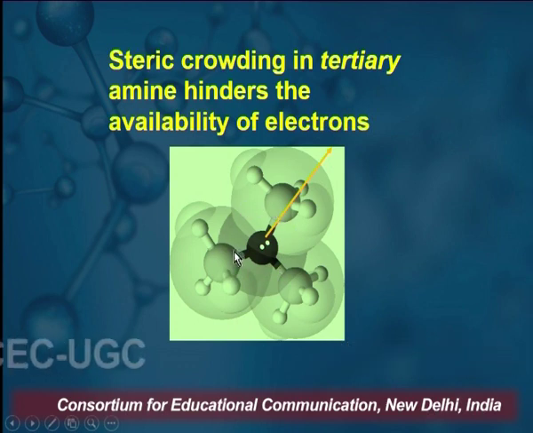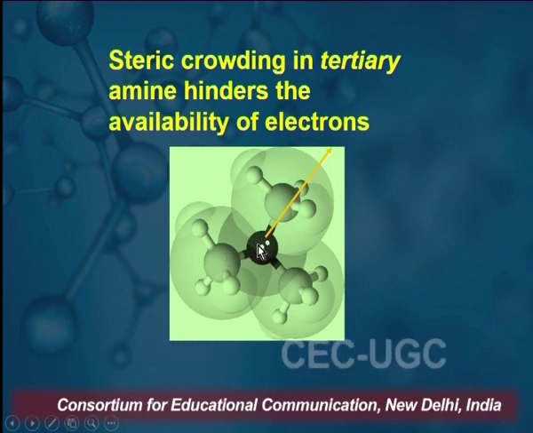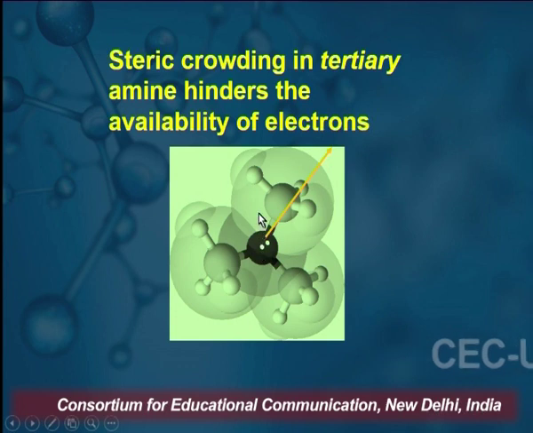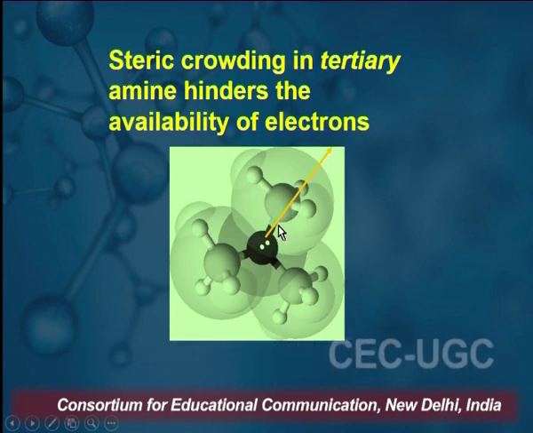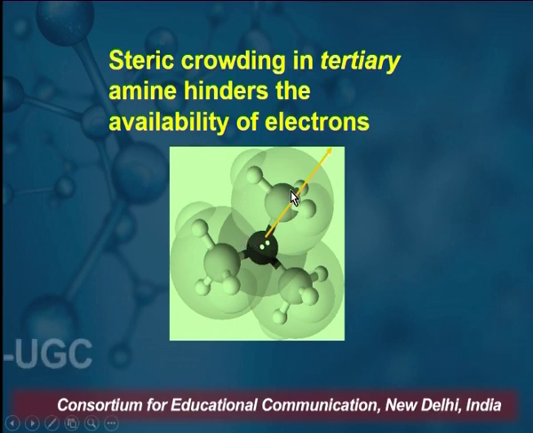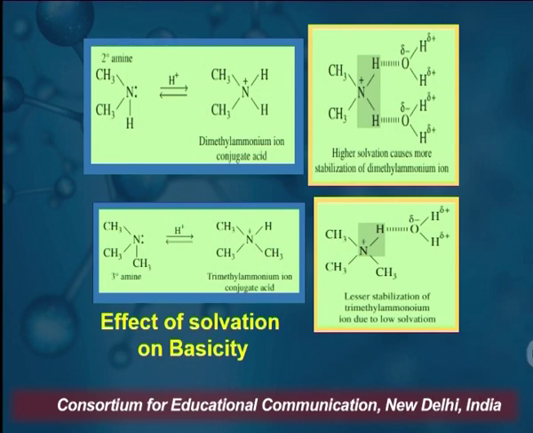So, although the electrons are available on nitrogen, nitrogen cannot give these electrons readily to any other species because the path of giving that has been blocked by these bulkier alkyl groups. So, electrons are there, but they are not available for donation to other species. So, the basicity of tertiary amine will decrease. Because of steric factors, tertiary will be less basic than secondary.